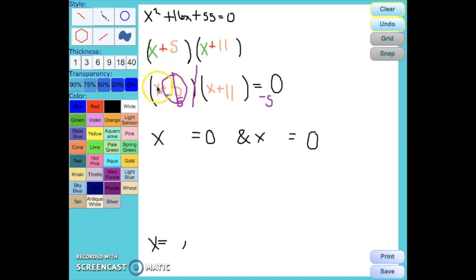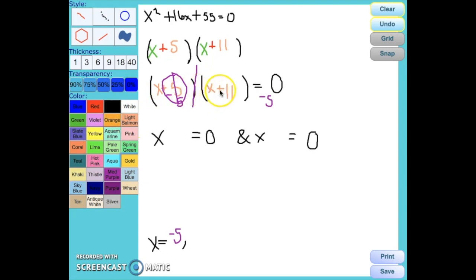So now we have x equals negative 5. That's why you still have to take that extra step, even though you have these factored out already. You still have to finish the problem, which is something a lot of people forget.